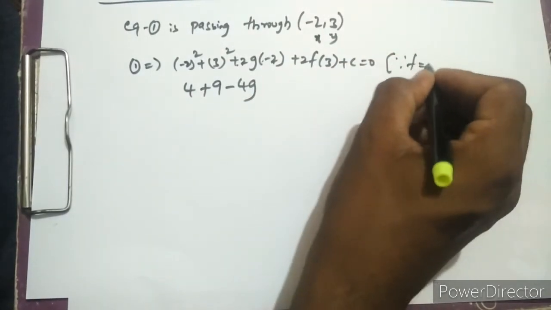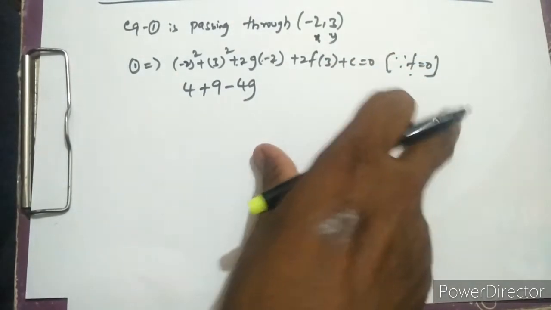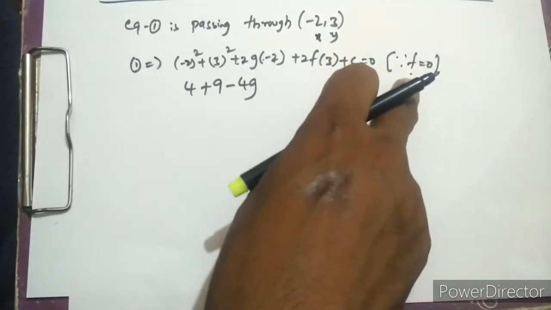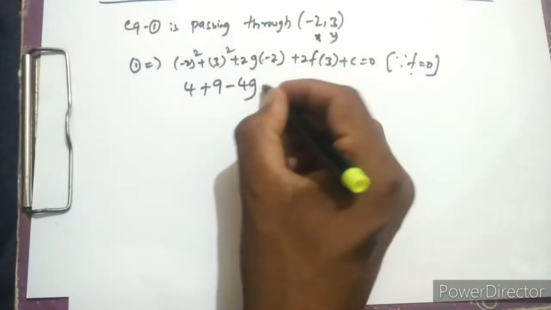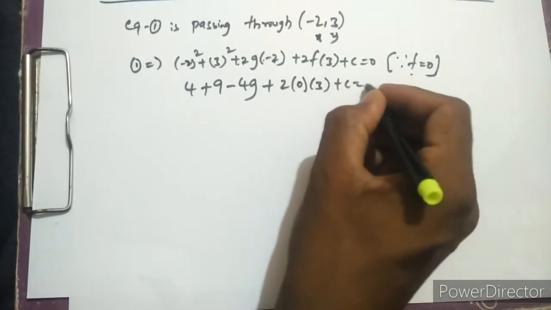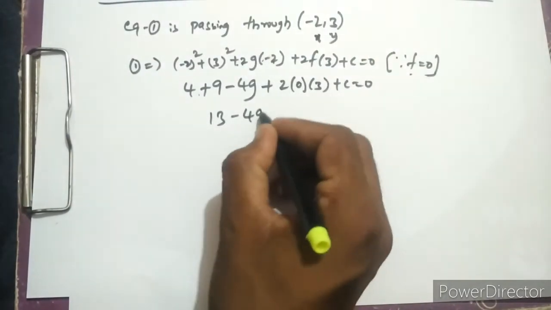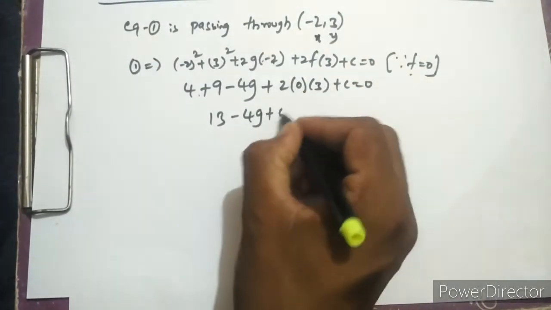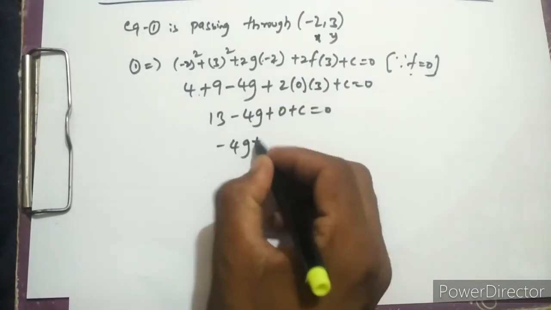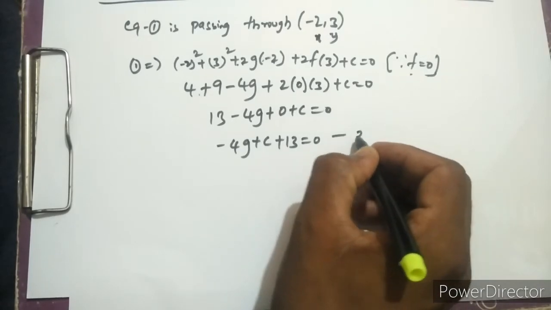Since f is equal to 0, the f term becomes 0 because the center lies on the x-axis. So plus 2 into 0 into 3 plus c is equal to 0. So 9 plus 4 is 13, minus 4g plus 0 plus c is equal to 0. Writing in order, -4g plus c plus 13 is equal to 0. This becomes equation number 2.